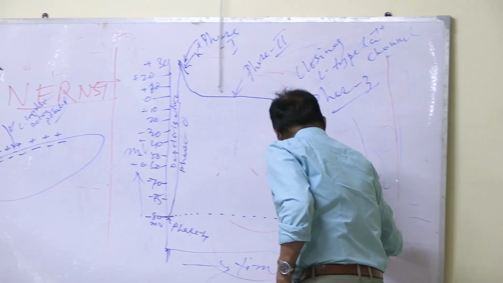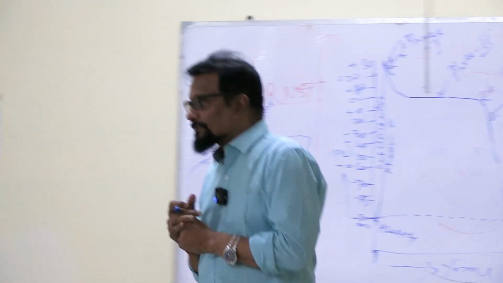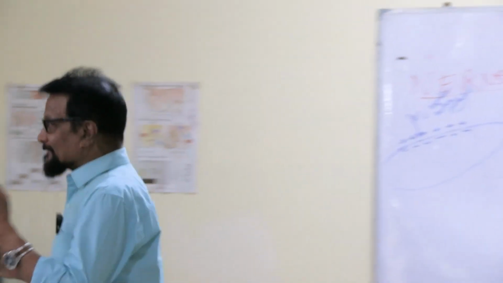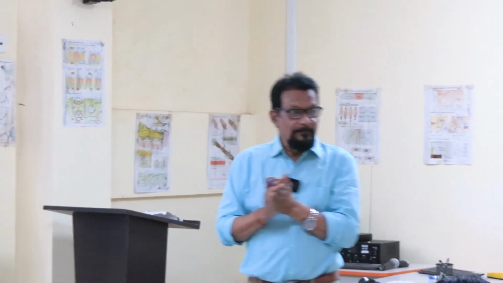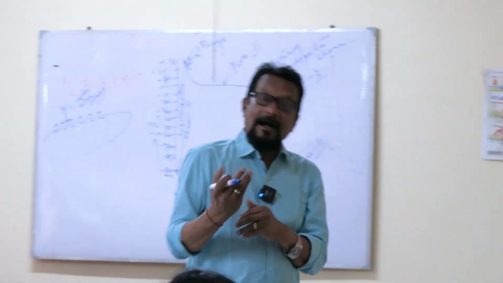And here what will be happening? In phase 4, redistribution. How will this redistribution be made? By the sodium potassium pump, the sodium calcium pump and the sodium calcium exchanger. They will help in redistribution of the ions.